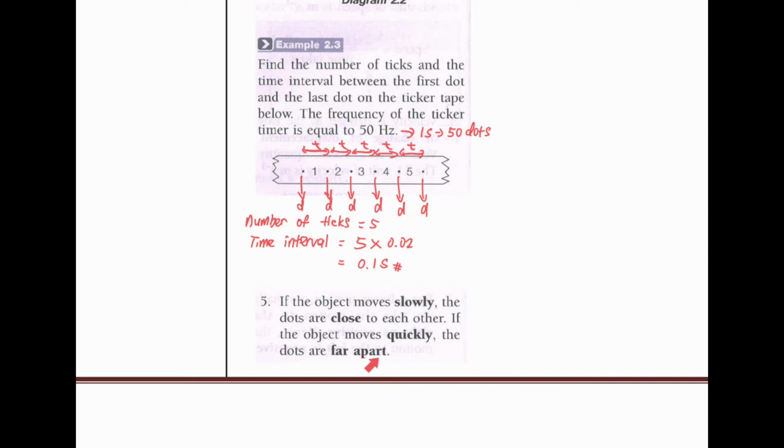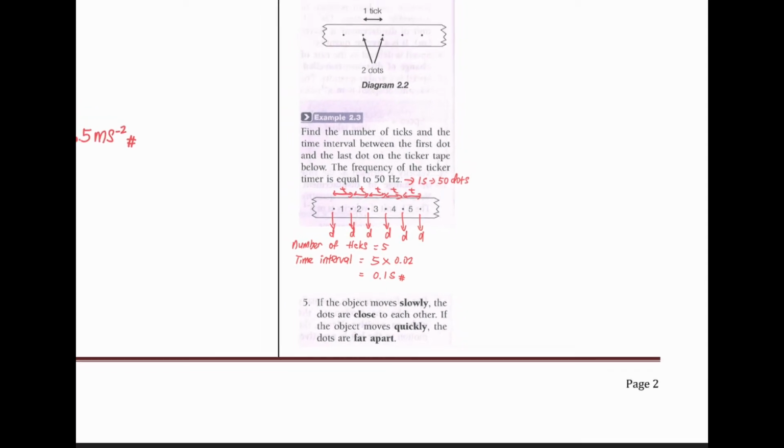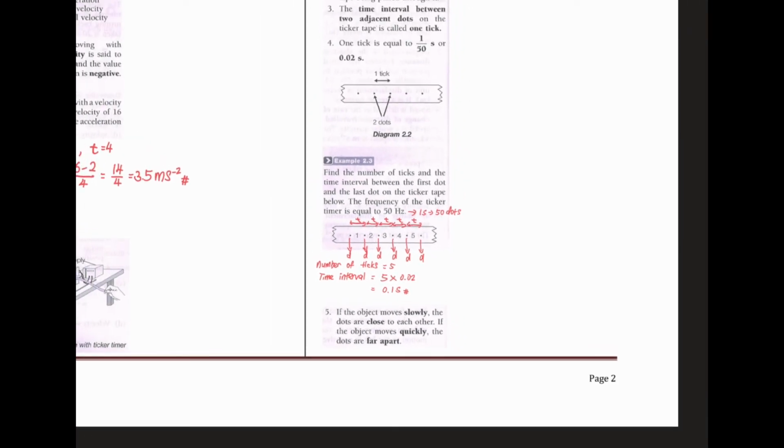They are far apart because the object pulls the ticker tape quickly, and it makes a greater distance in 0.02 seconds. So that's why the two dots are far apart. Okay, now let's see the next page.